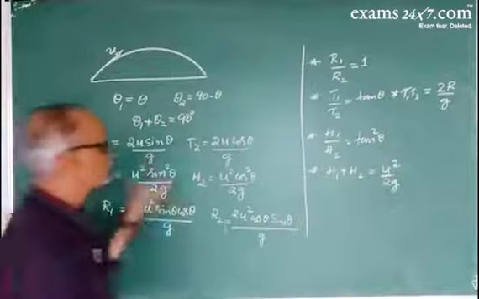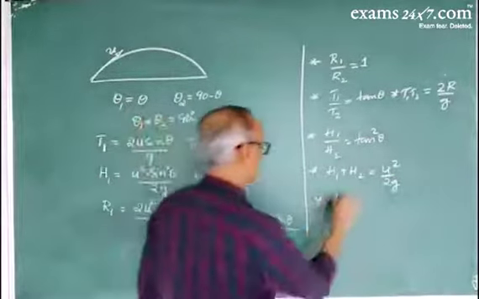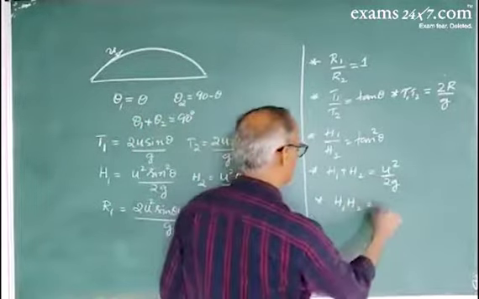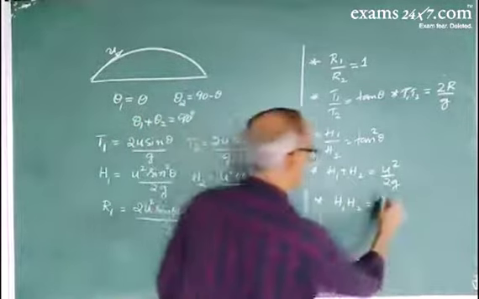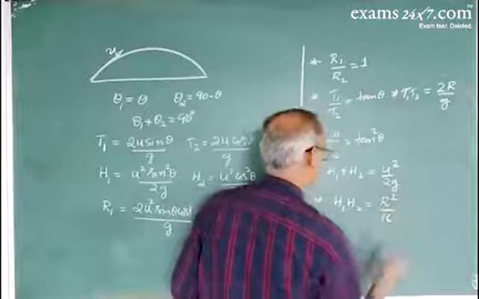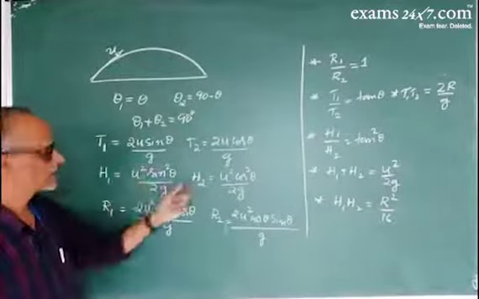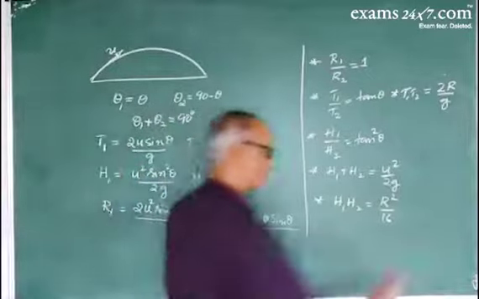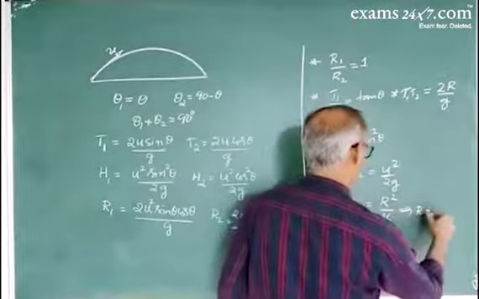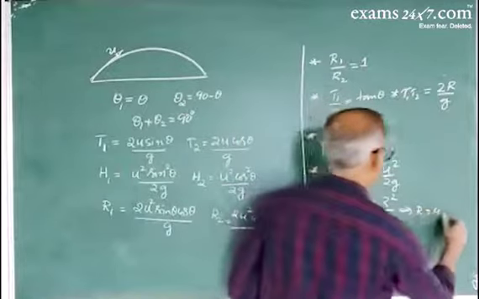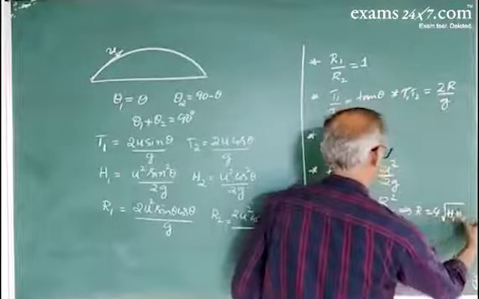And if we multiply the heights h1 into h2, we get R square by 16, and that implies the value for R is equal to 4 root of h1 h2.